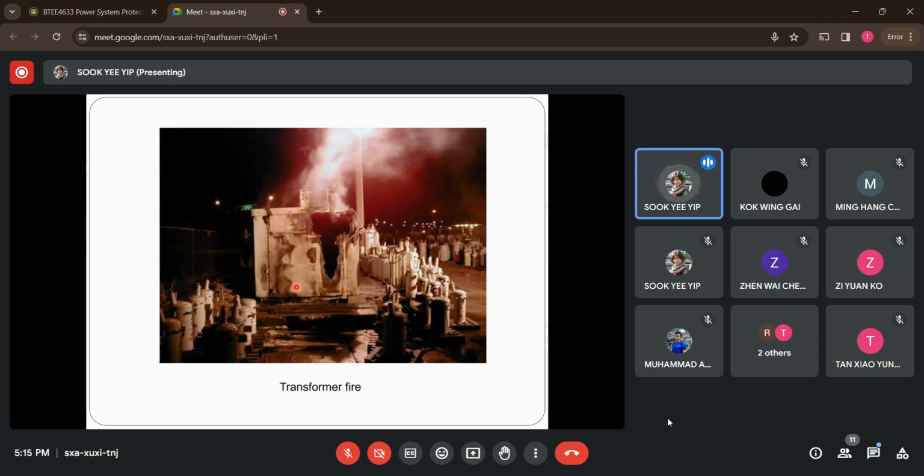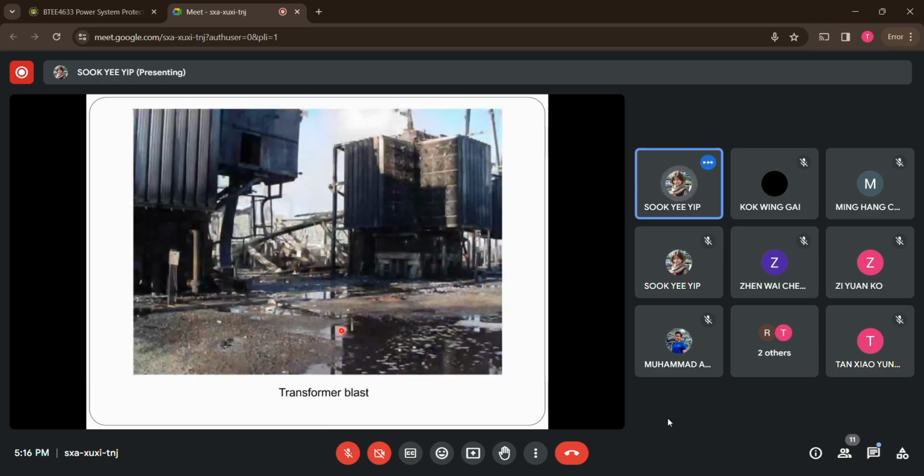This transformer is unable to sustain the high temperature generated, probably because of the increase of current flowing through the transformer winding, or maybe the main tank of the transformer is damaged, causing oil leakage. That's how it operates under hot conditions, causing it to be on fire. And the next one here, due to the size of the transformer, you can see which is much bigger. So whenever we have an abnormal situation, it can cause explosions.